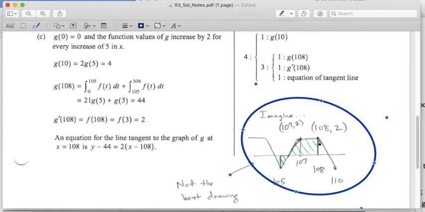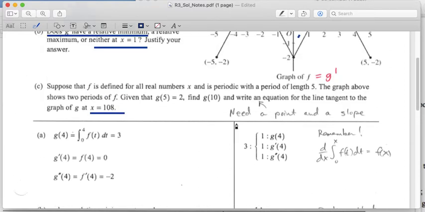What do we want? Let's go back to this for a second. What do we need to write an equation? We need a point and a slope. So I need g of 108 for the point, and I need g prime of 108 for the slope.